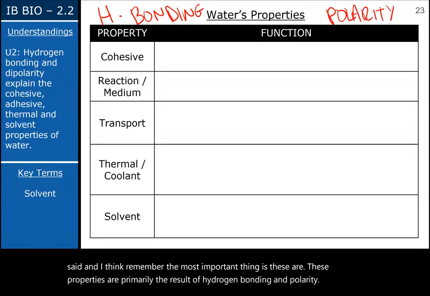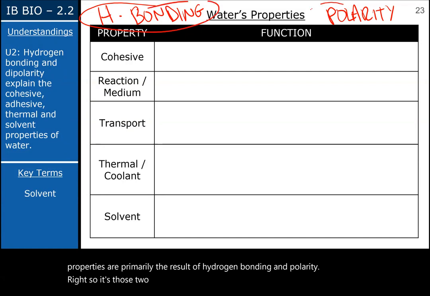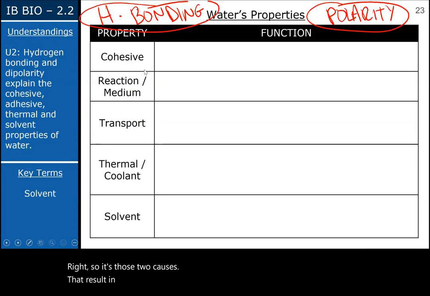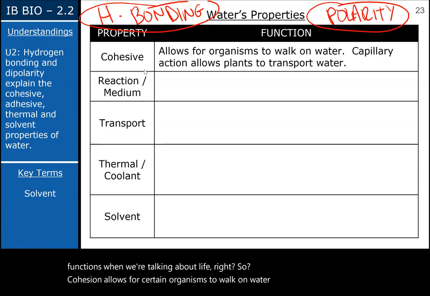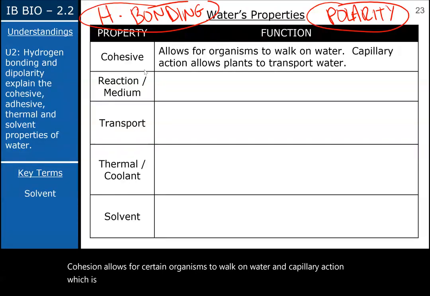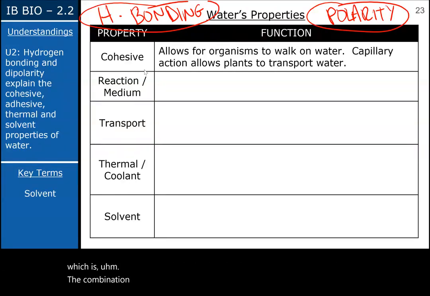So it's those two causes that result in these properties, and these properties have very important functions when we're talking about life. So cohesion allows for certain organisms to walk on water, and capillary action, which is the combination of cohesion and adhesion, allows plants to transport water for transpiration.